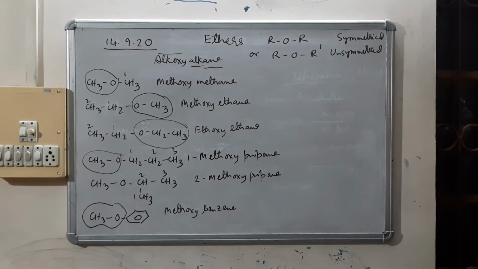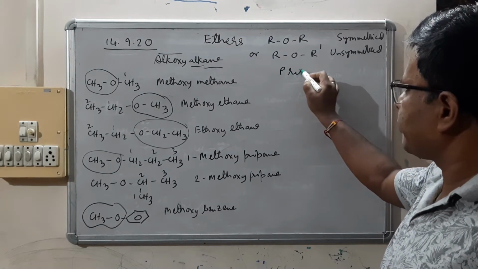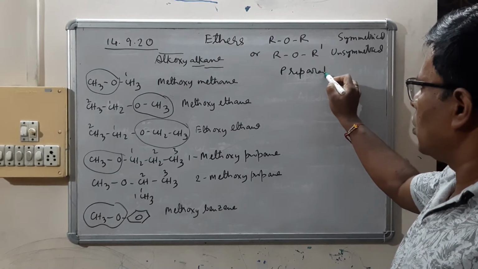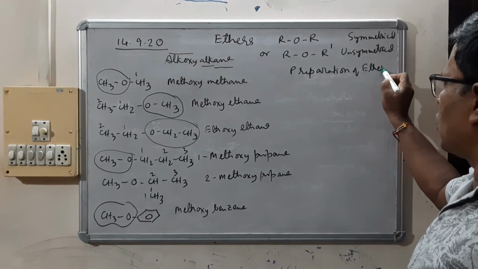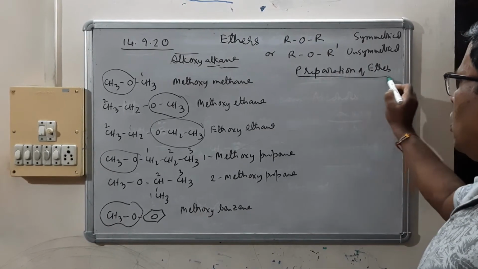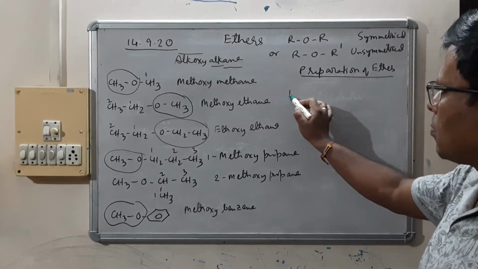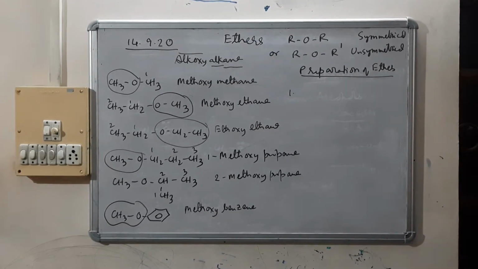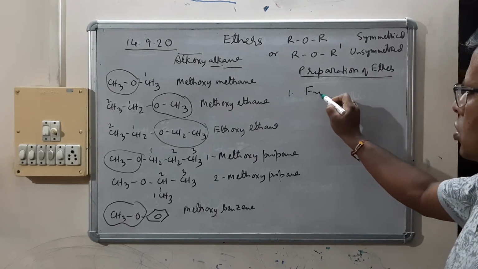Now let us talk about the preparation of ether. So the first method of preparation is we can prepare it from alcohols.